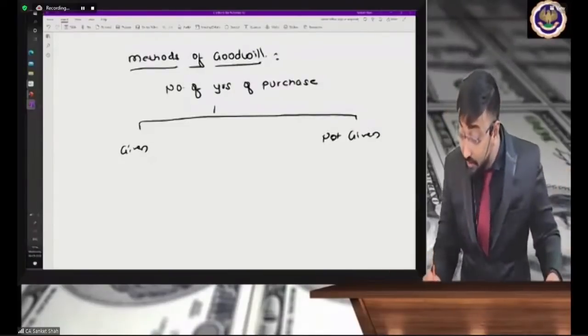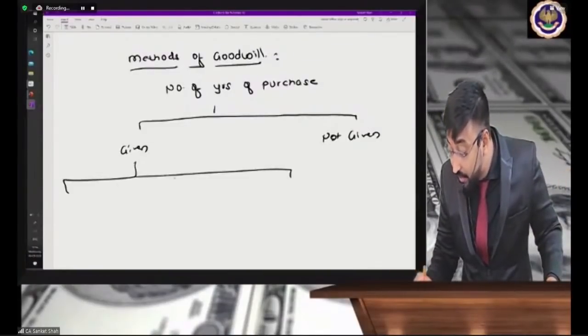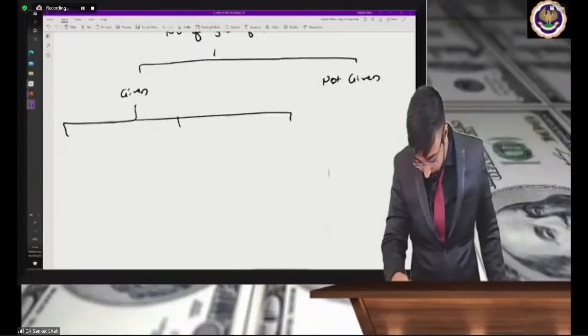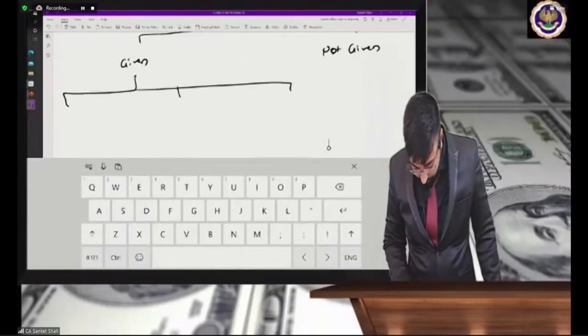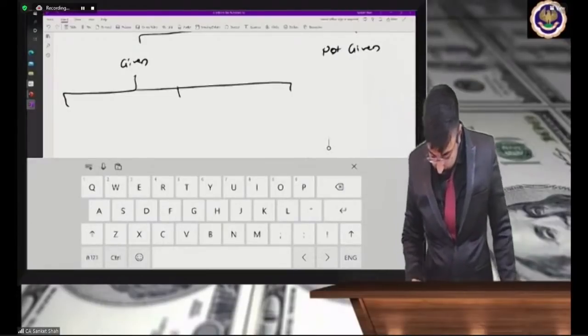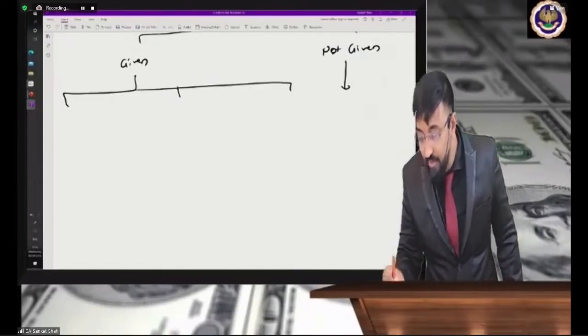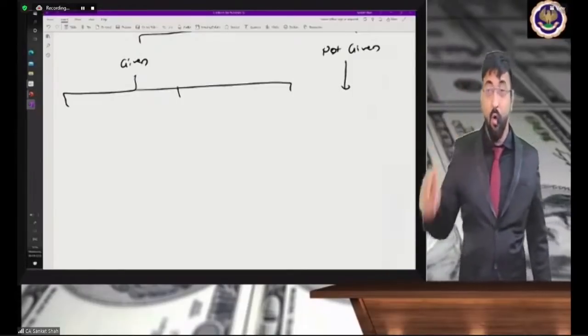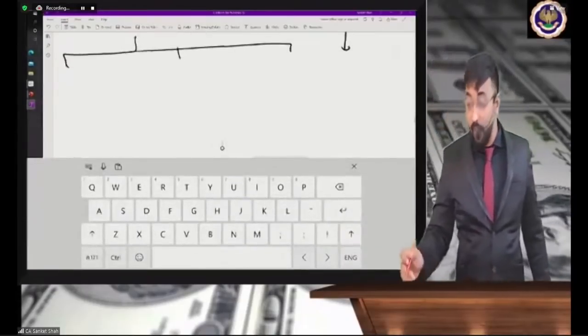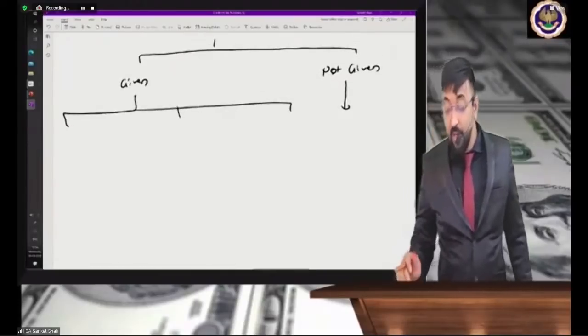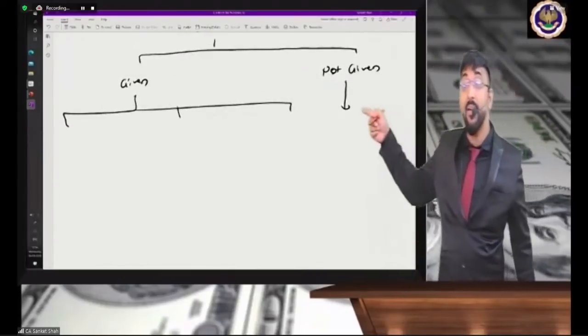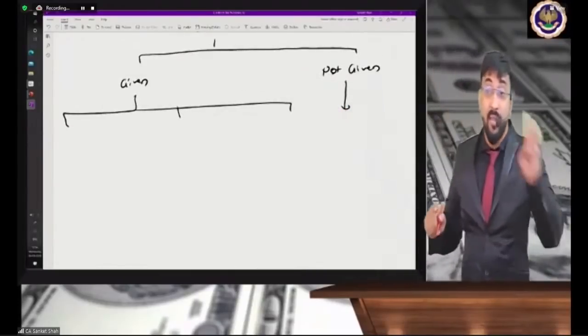So there are 3 methods. Okay. And not given, there is only one method. Okay, given and not given.